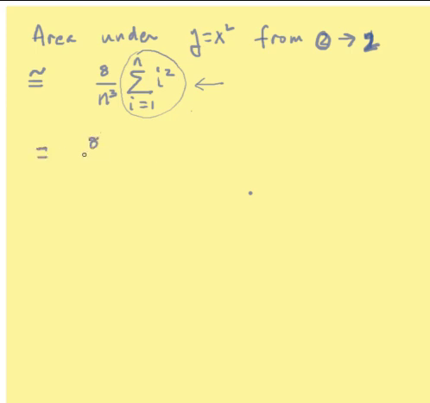So this is equal to 8 over n cubed times, and I'm just going to copy over formula B right here, n times n plus 1, and that's one of the formulas that you're going to prove yourself using induction, times 2n plus 1, and here we have 6. Of course we can simplify this. Just reduce that a little bit. Replace that with n squared, and here we'll divide by 2.